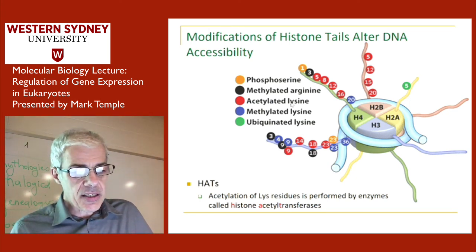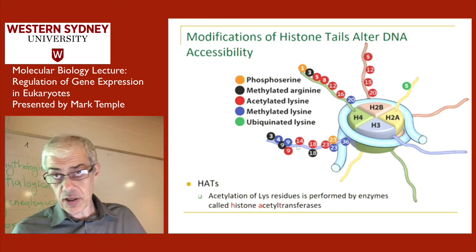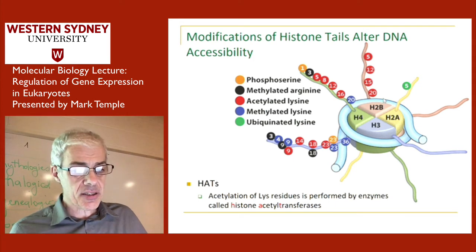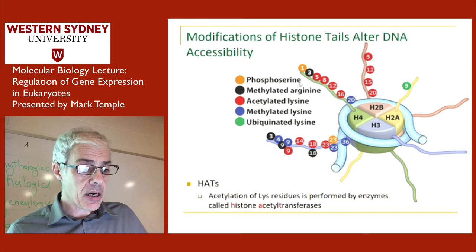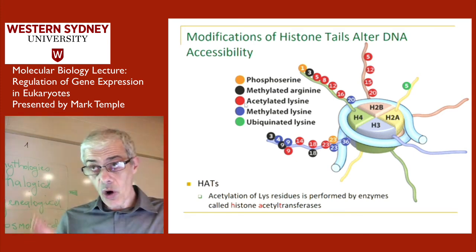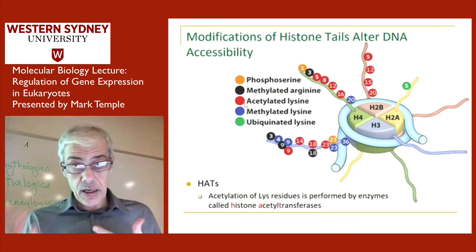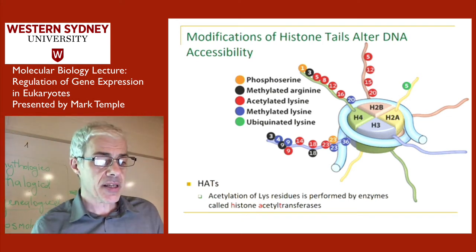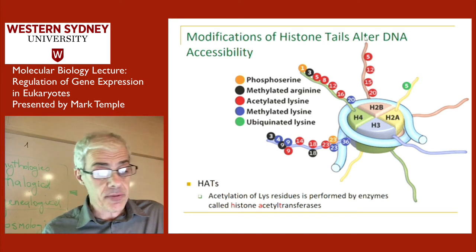And these lysines can be acetylated. So these red blobs here are lysine residues which, when you pull them out of cells and do your chemical analysis, you find these lysines have been acetylated. And if you look at genes when they're on and off, you can look at whether lysines are acetylated or not acetylated, and clearly make the observation that acetylated lysines are associated with gene expression.